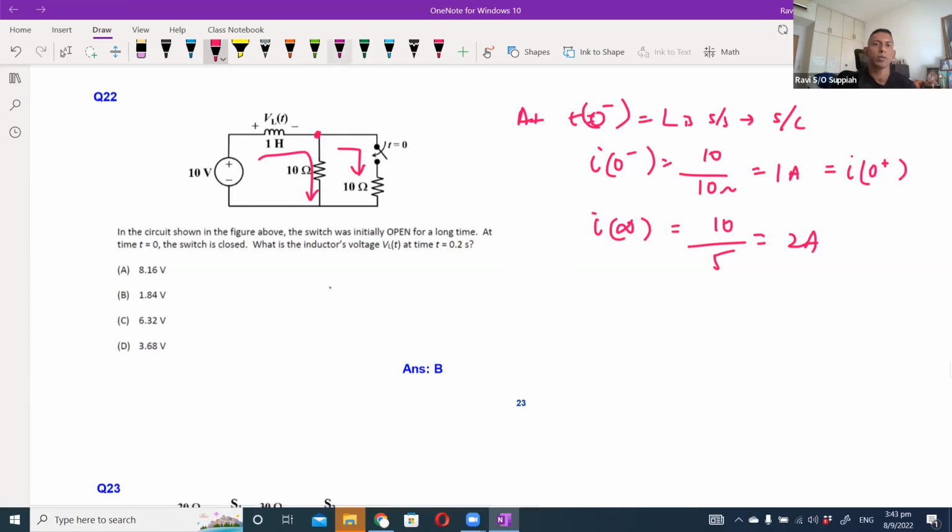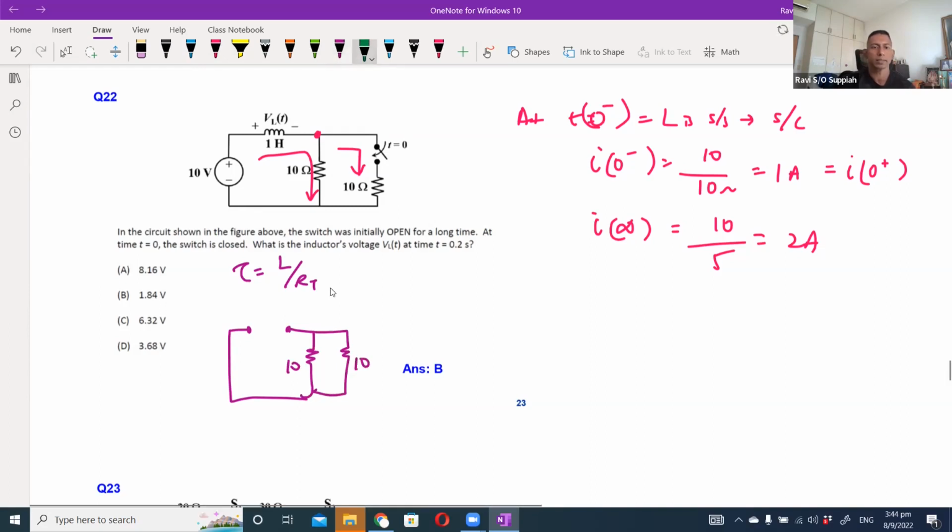Now, before I put into the equation, we still need to understand that to use the time constant, it must be L over RT. So I still need to find the Thevenin's equivalent resistance here. So I replace my inductor as the load. This is my source, this is my 10 ohm resistor, and this is another 10 ohm resistor.